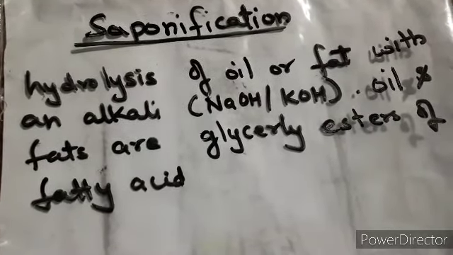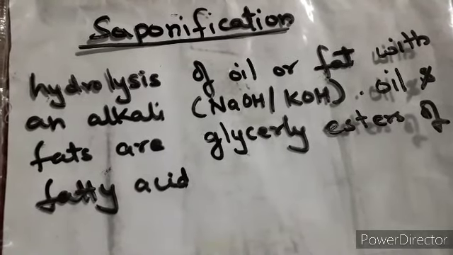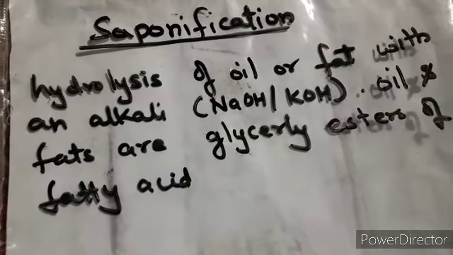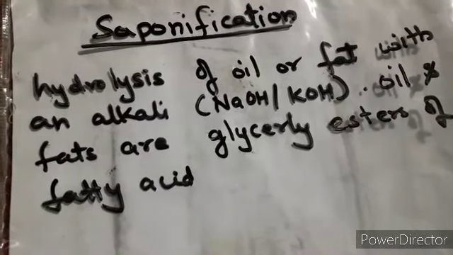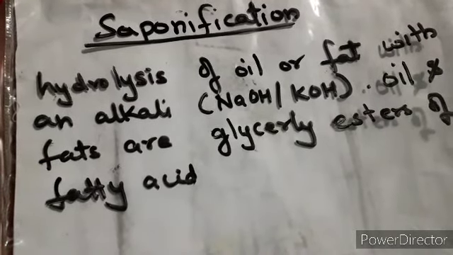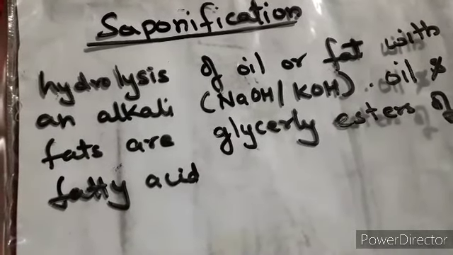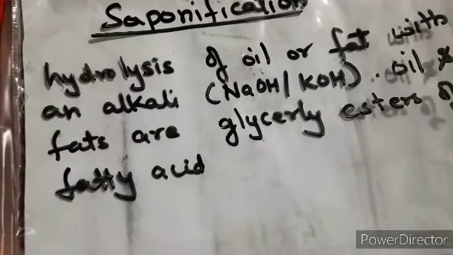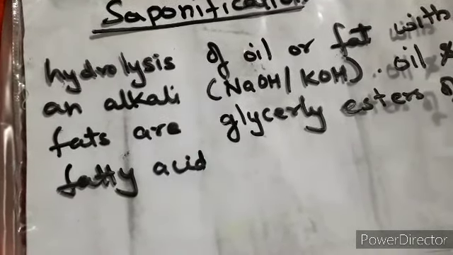So over here you have to keep in mind that sodium soaps are obtained by saponification of fats or oil in presence of sodium hydroxide solution. And if you want to make potassium soap, then it is obtained by saponification of fat or oil in the presence of potassium hydroxide.